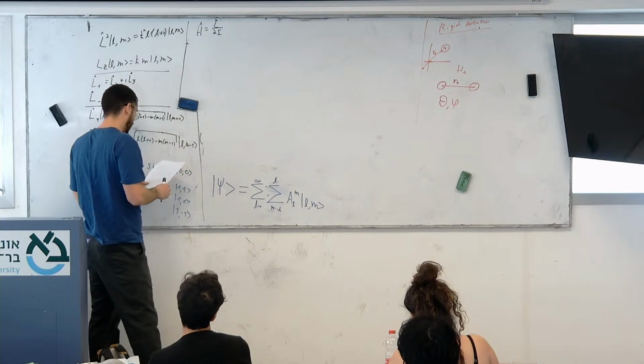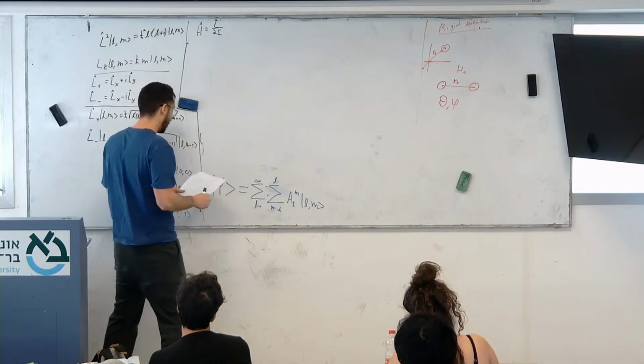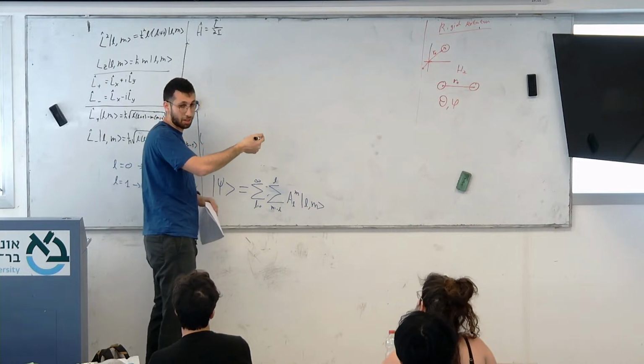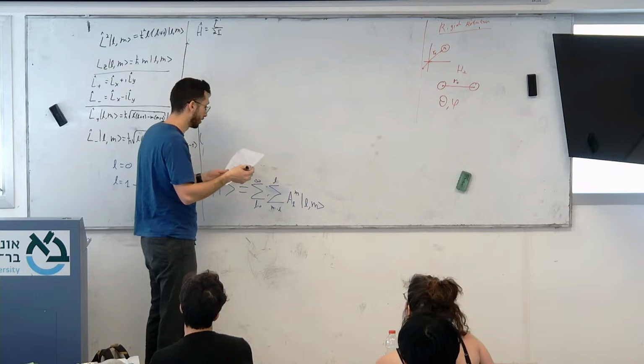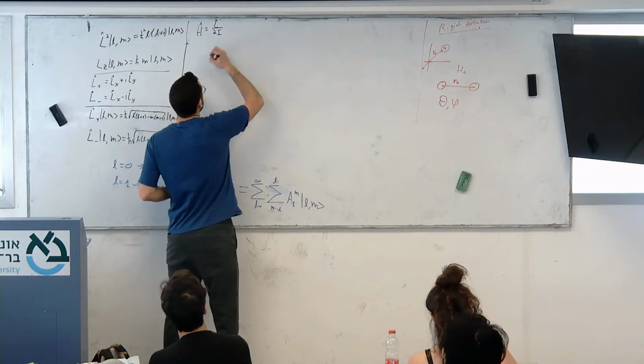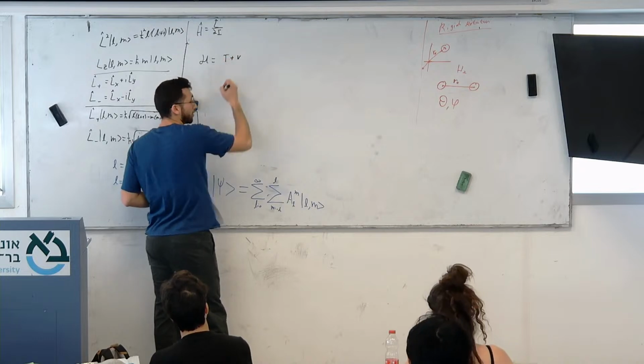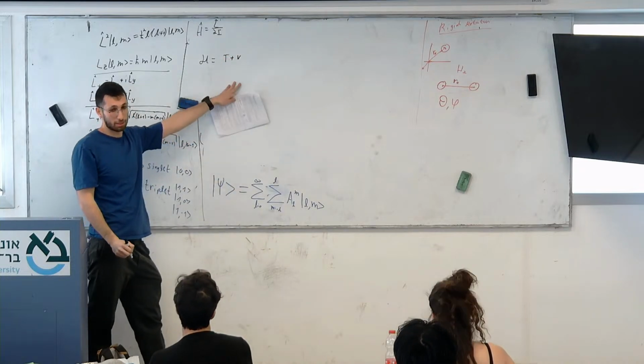The reason why we do it is because we say that we don't have a potential. We have just a constraint that R is a constant, and usually H is equal to T plus V, where T is the kinetic energy and V is the potential.